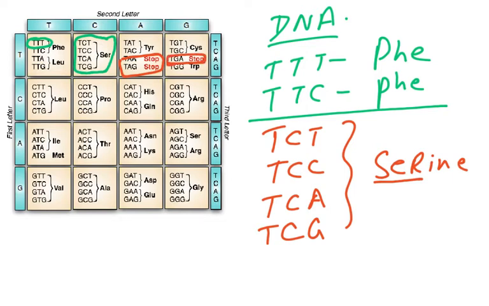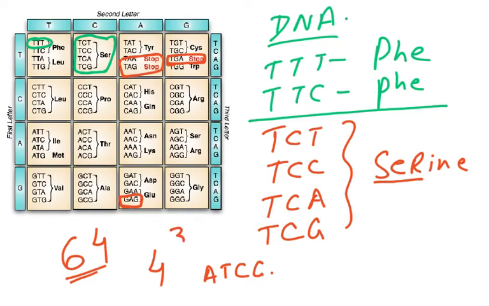Now you can see that there are 64 different possible combinations. The reason is because we have 4 bases, A, T, C, G, and we have 3 bases in one set which codes for one amino acid.